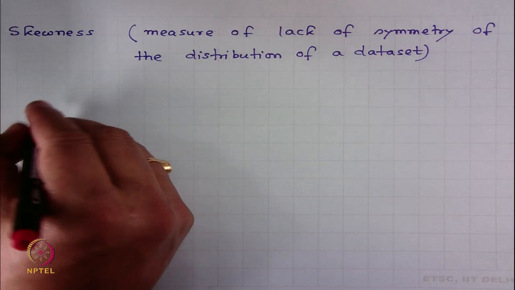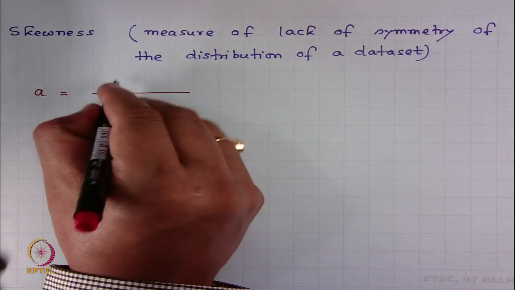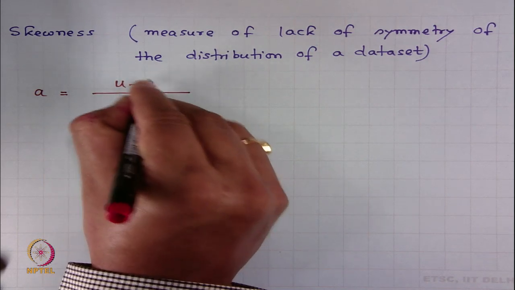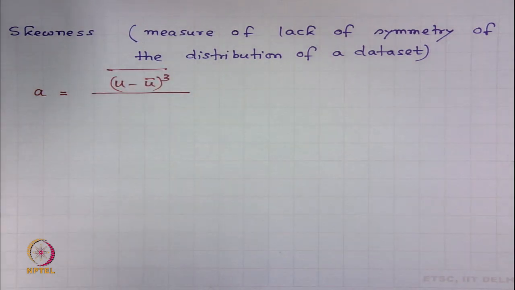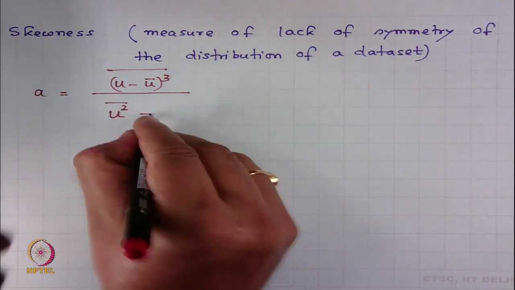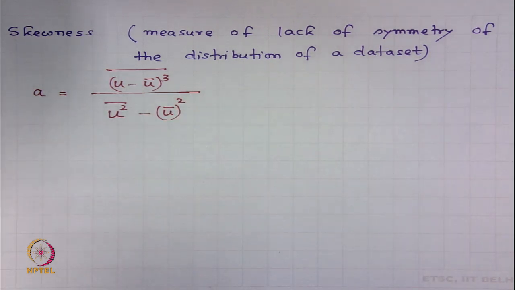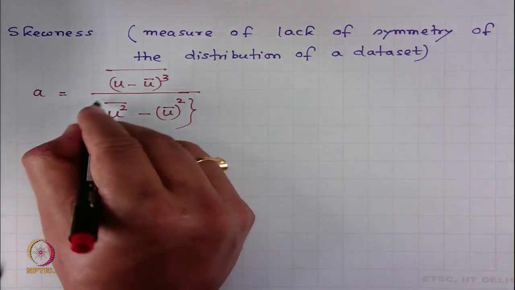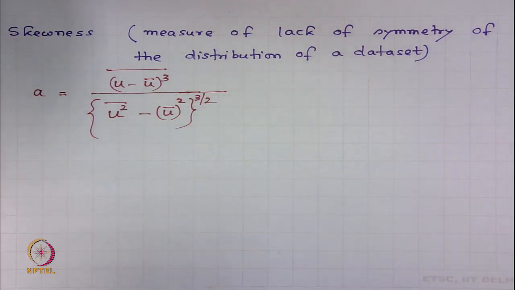For this we use a symbol A. How do we define it? Skewness is defined by this, to the power three by 2. So, this is how we obtain skewness.